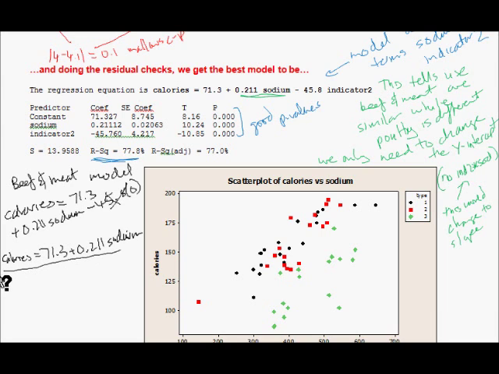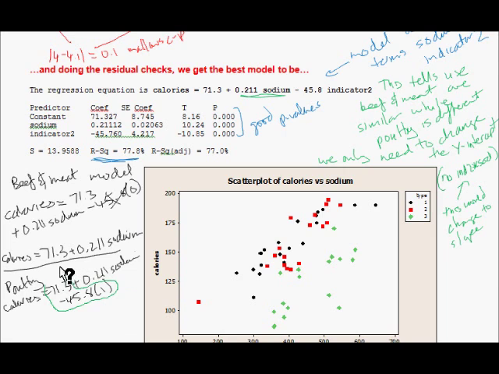Now for poultry, the difference is now that the indicator is a 1 times that 45.8. So calories is equal to 71.3 plus 0.211 times sodium, but minus 45.8 times 1. And now that is going to change just the intercept, right?